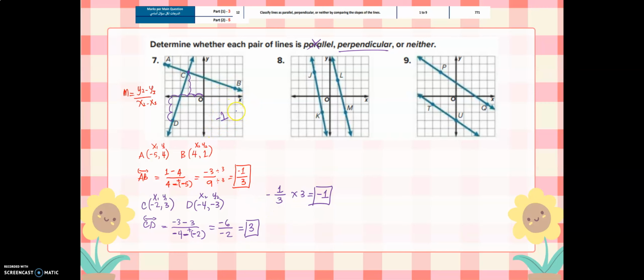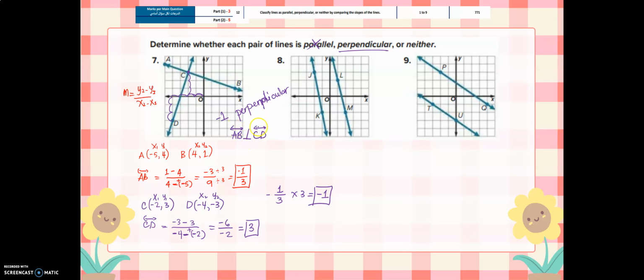Therefore, the two lines are said to be perpendicular. It means that line AB is perpendicular to line CD.